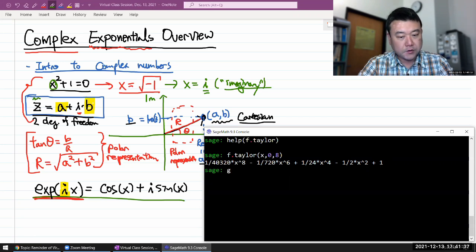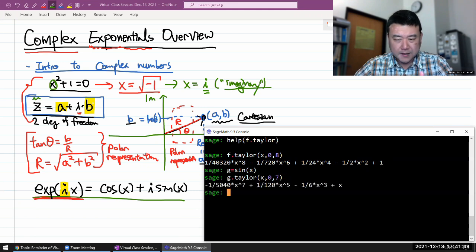Let me define a new function, g, as sine of x, and take the Taylor expansion of it to the 7th degree. I think that will give me the same number of terms as before with the cosine. So I have x minus 1/6 x to the 3rd power plus 1/120 x to the 5th power minus 1/5040 x to the 7th power and so on.